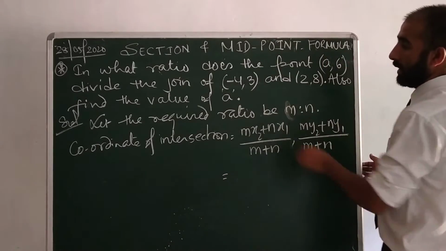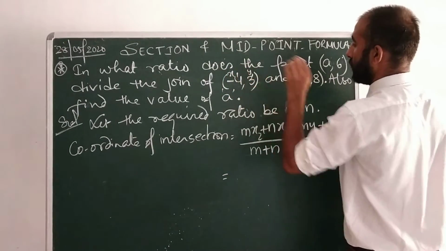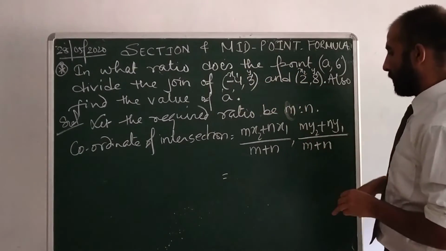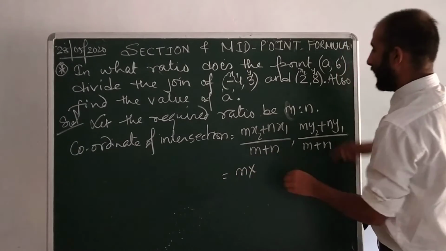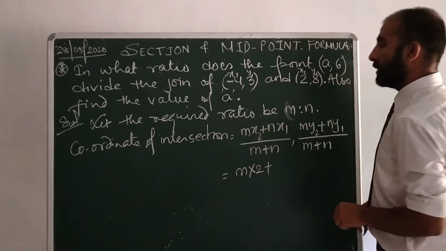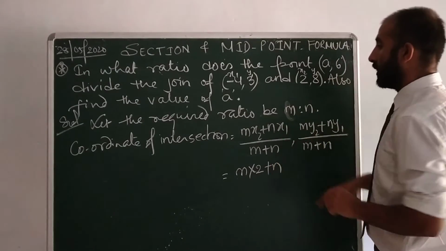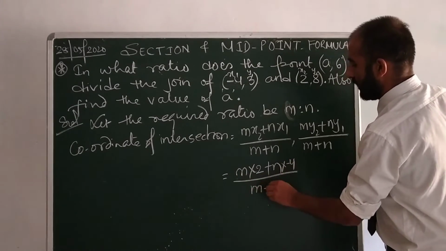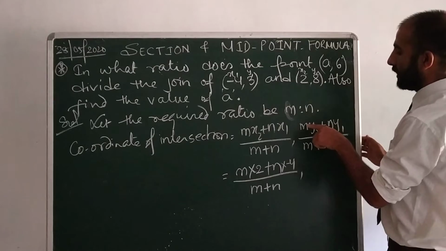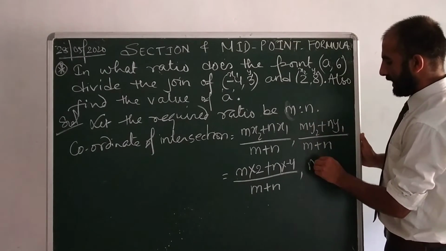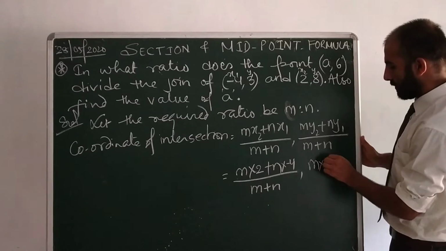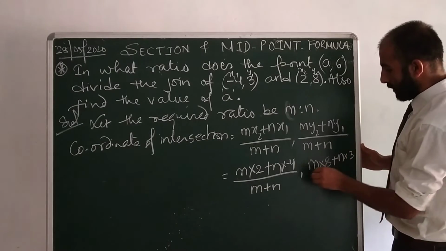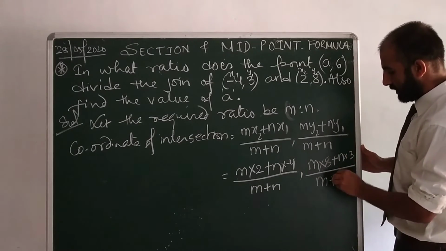You have taken x1, y1 and this is your x2, y2. So mx2, m is m itself, into x2 is 2, plus n itself, x1 is minus 4, by m plus n. Similarly, let's go for y, my2. M will remain m itself, y2 we have 8, plus n will remain n itself, y1 we have 3, by m plus n.